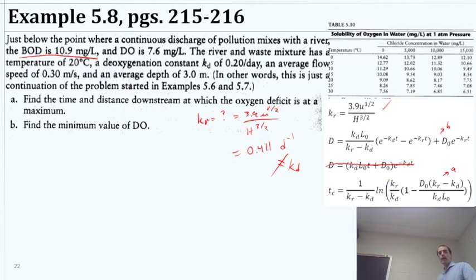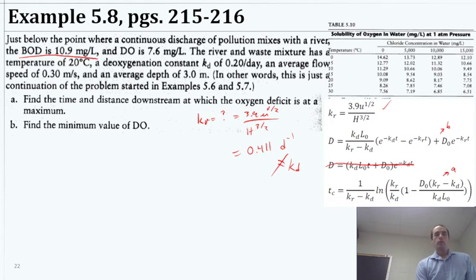If we had some information, if it was said a 5-day BOD test told us it was that, and we were given some information about the BOD consumption rate, we could use the rate constant and the equation to find L naught and derive that.